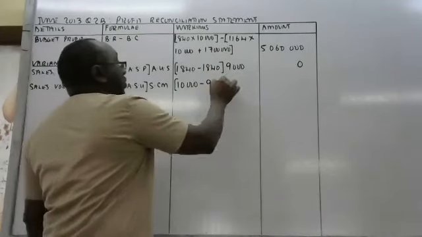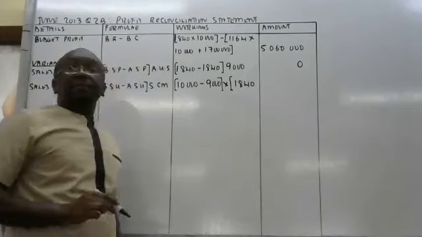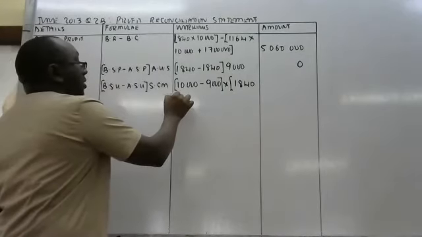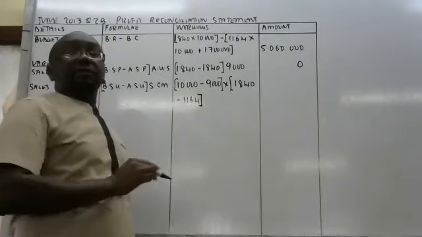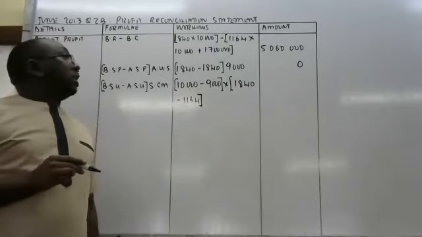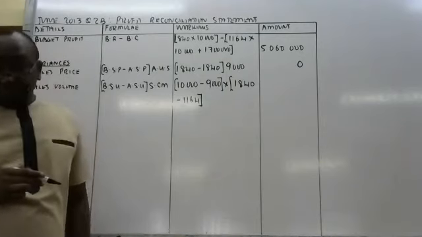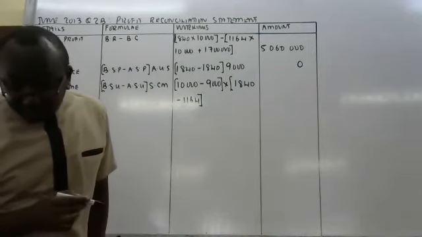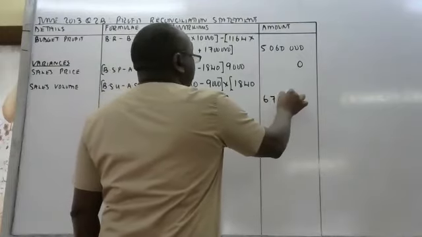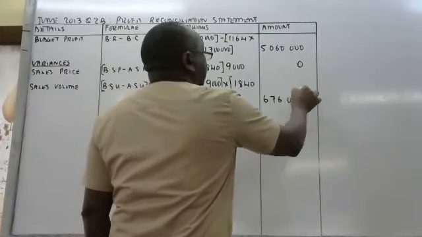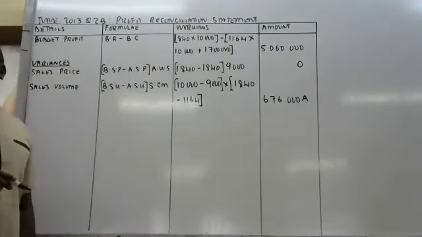Standard contribution is the budget selling price of 1840 minus the standard variable costs of 1164. That is 76,000, adverse because we sold fewer units.